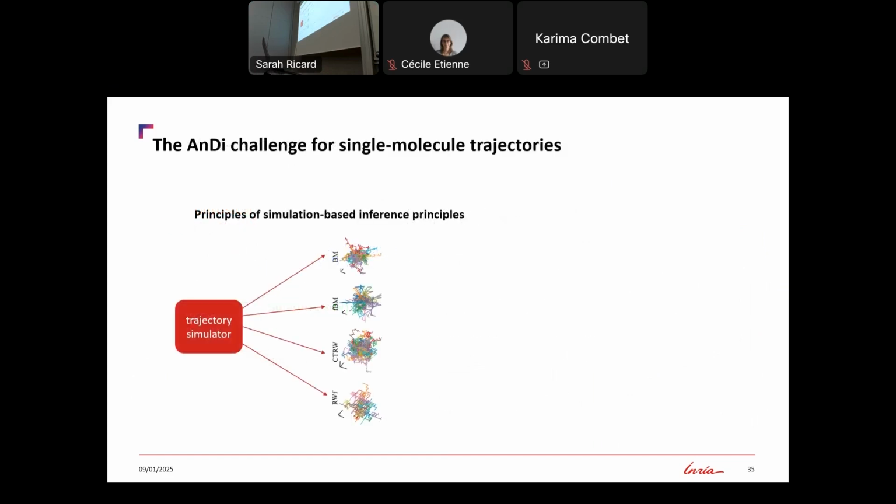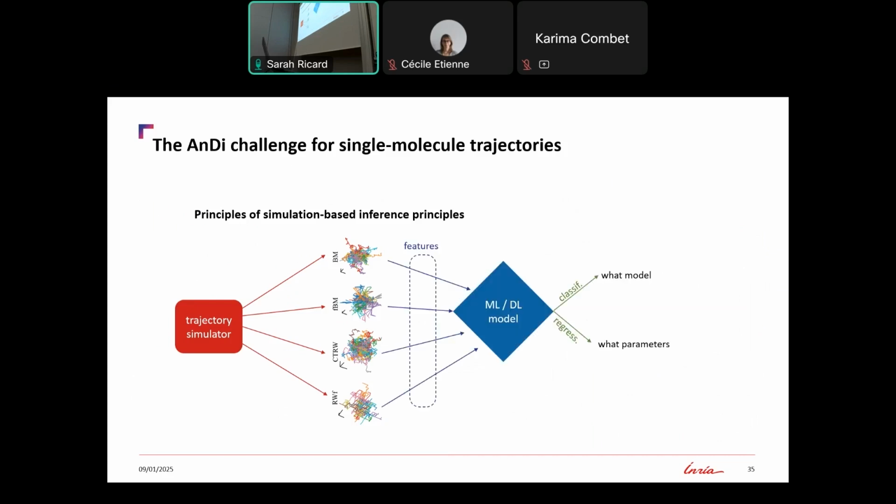What is done in the literature nowadays is simulation-based inference. So you say that you have, for instance, 4 models: BM, FBM, CTRW, and RW on a fractal. And then you use your computer to produce trajectory samples that correspond to each type of model, right?